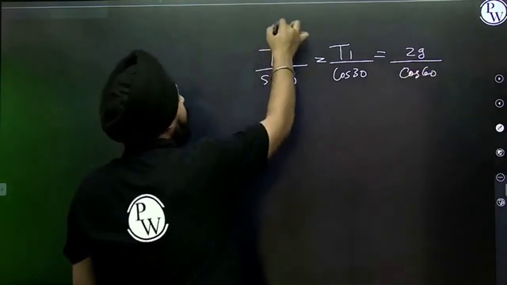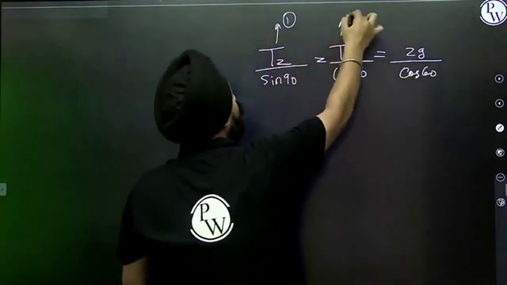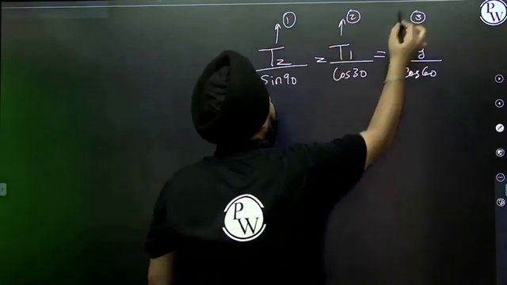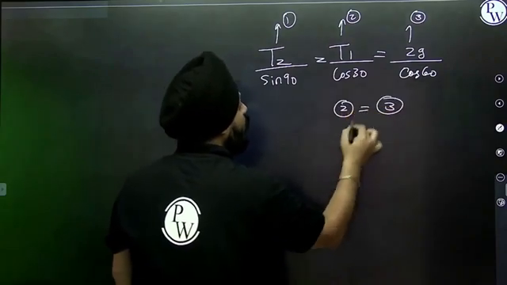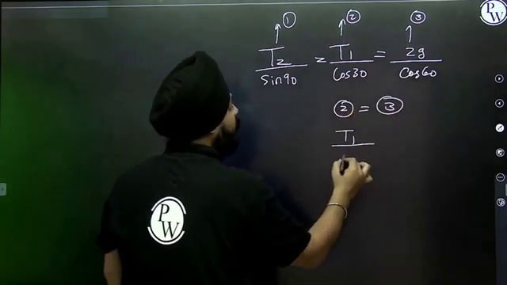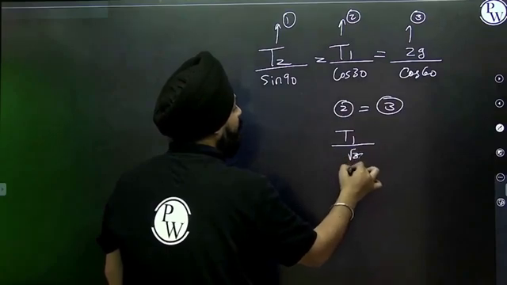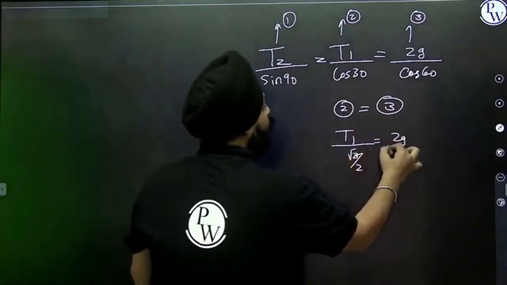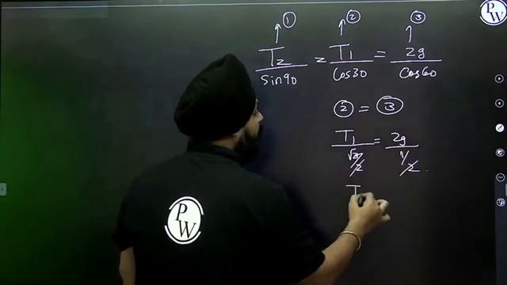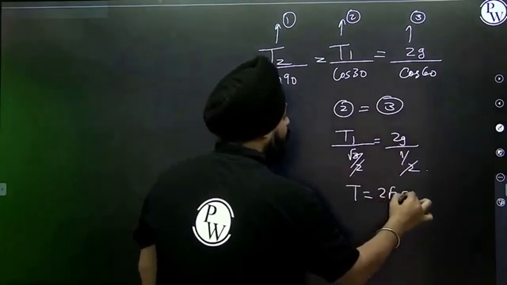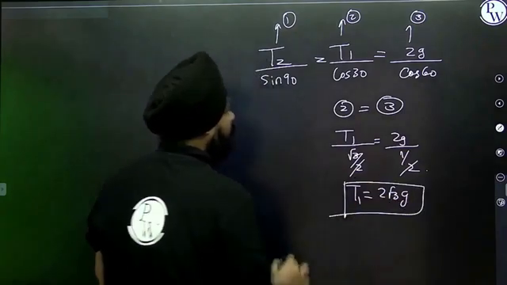Consider this is equation 1, this is 2, this is 3. Compare 2 and 3, because we need to calculate the tension in the horizontal string. T1 by cos 30, cos 30 is root 3 by 2, is equal to 2G by half. This half is going to cancel. T1 is equal to 2 root 3 of G.